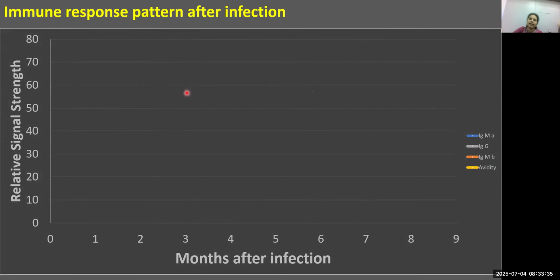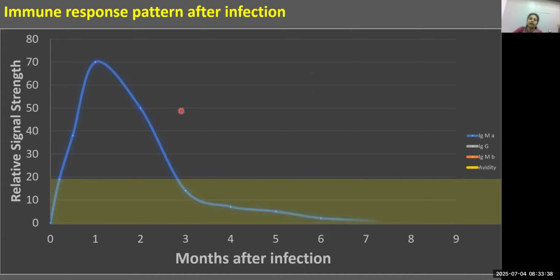Whenever there is an infection, we usually have the IgM, which starts increasing approximately a week after the infection, peaks at around 1 to 2 weeks, and then gradually falls down to around 3 months, and then it almost becomes negligible around 7 to 8 months.